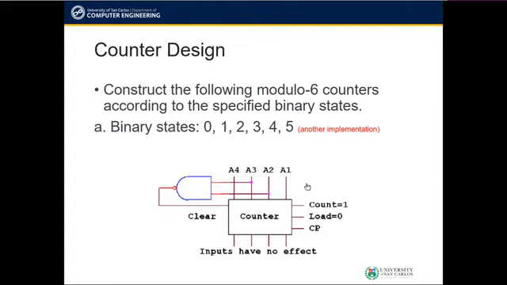Remember that the count of 6 will not be shown at the counter output because by the time the count becomes 6, the clear input is automatically triggered, thereby resetting or clearing the count output here to 0, 0, 0, 0 or binary 0 right away.